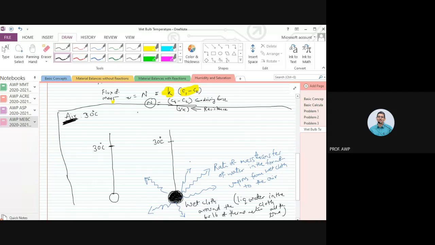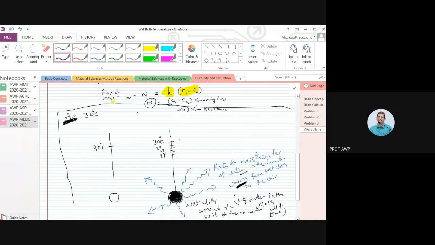The kinetic energy of the remaining liquid water molecules will reduce, which means, in a layman's language, heat is taken out from this liquid water itself to supply the latent heat of evaporation, and therefore its temperature will fall. It will become 29, it will become 28, it will become 27.